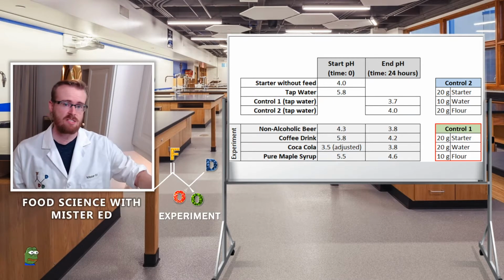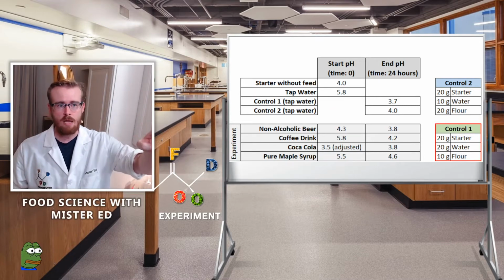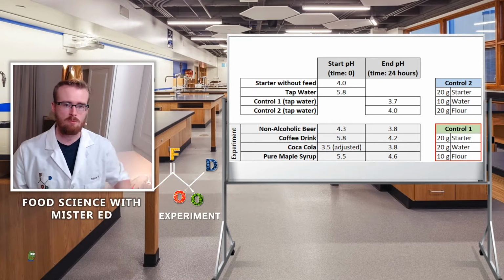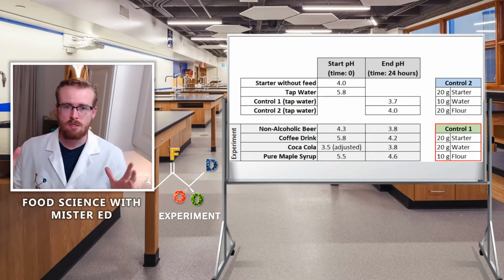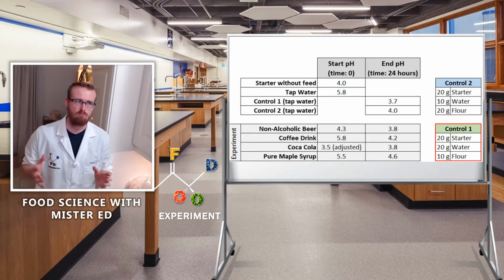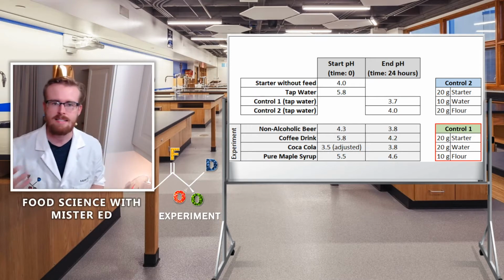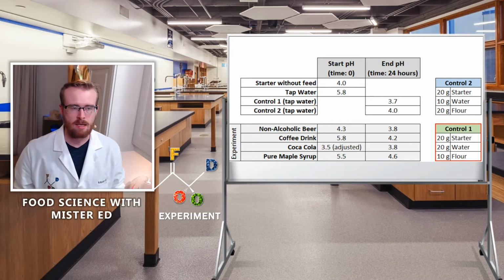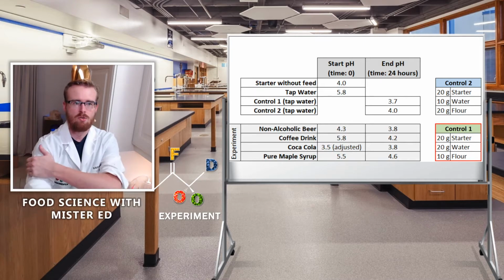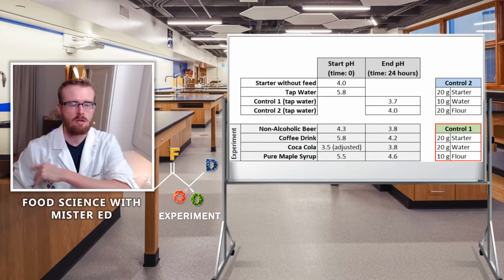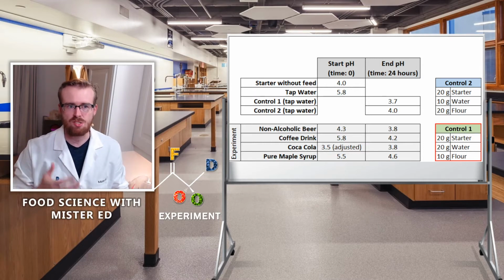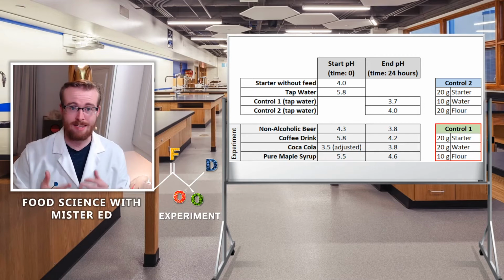In fact, in this recipe for the cupcakes, I took the pure maple syrup culture left over and mixed it in with this recipe. That's what this entire stream has been about for the past week, trying to understand more about this sourdough culture, but also testing in different ways instead of just making bread. The next part, what I would like to do, not next week, but the week after, is to make bread with this, to see what a bread with non-alcoholic beer really looks and tastes like.